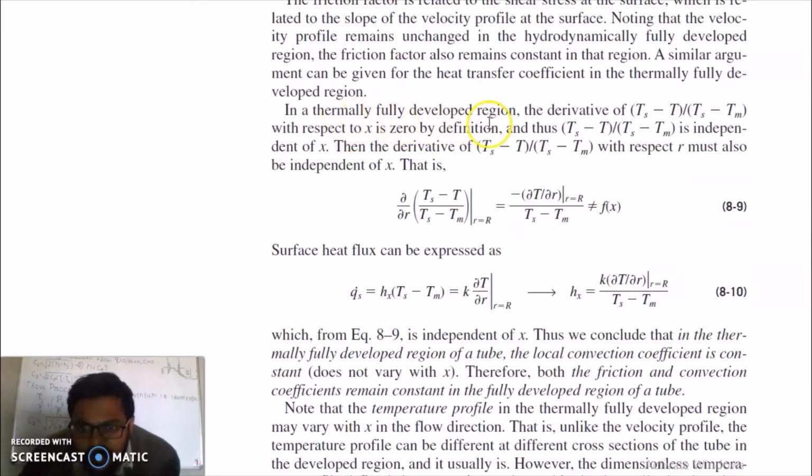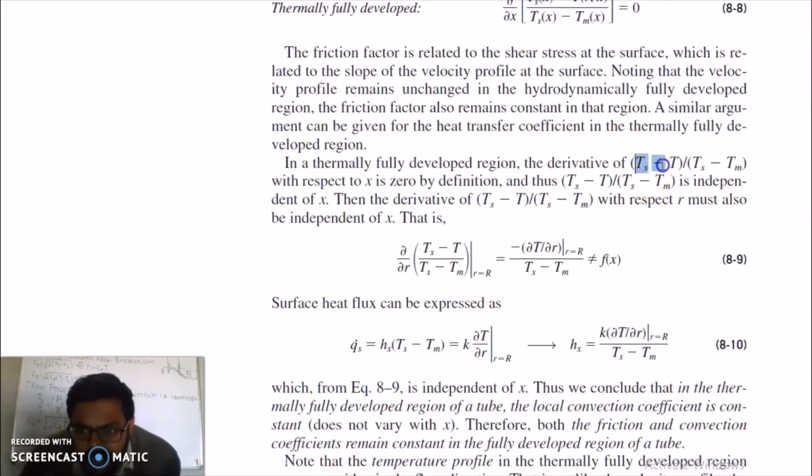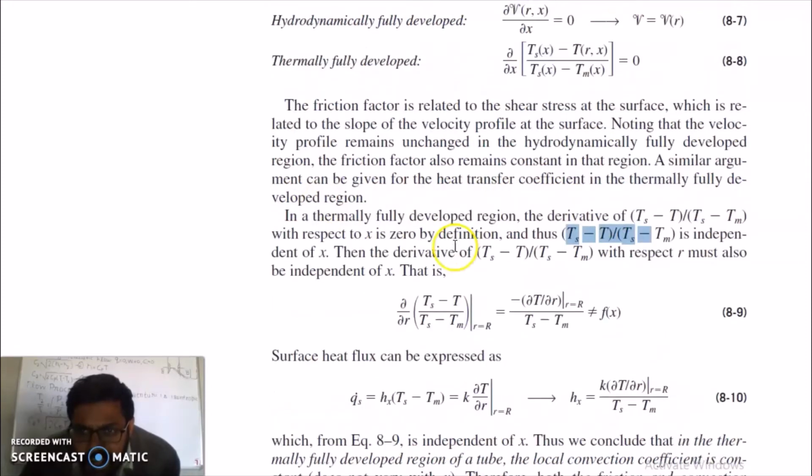In the thermally fully developed region, the derivative of this term with respect to x is 0 by definition, and thus this term is independent of x. If the derivative with respect to x is 0, it means this term does not depend on x, then the derivative of this term with respect to r must also be independent of x.